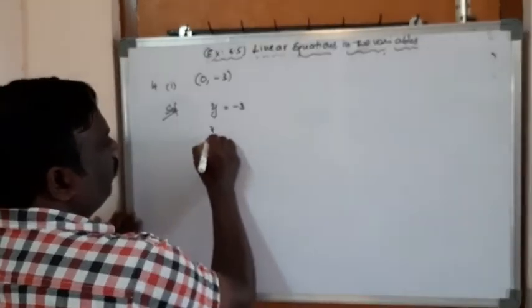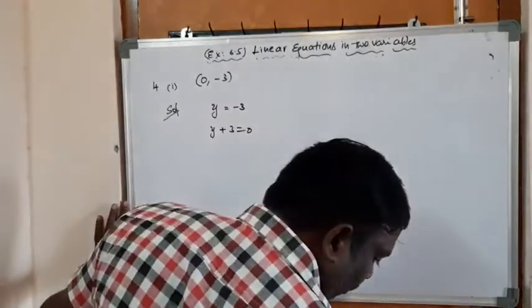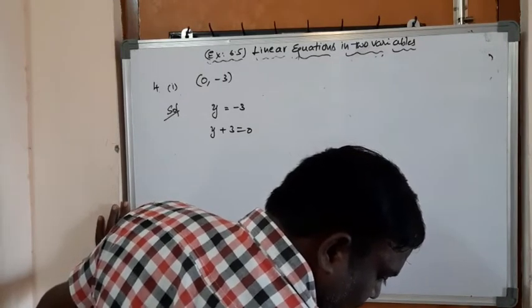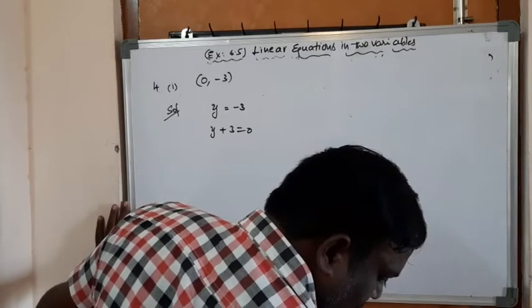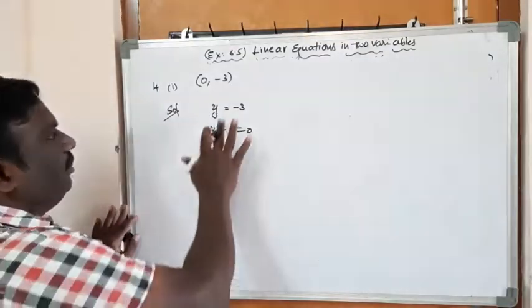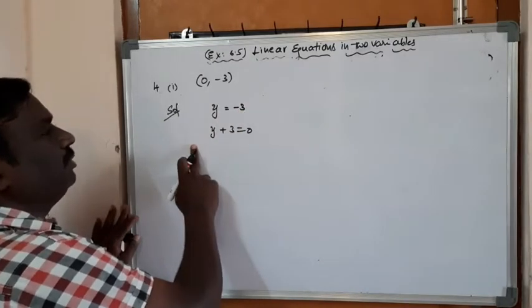So y plus 3 equal to 0. Just you can write the equation. No need to draw the line. Just we have to write the equation. So y equal to minus 3, y plus 3 equal to 0.